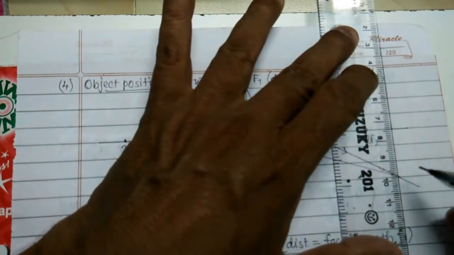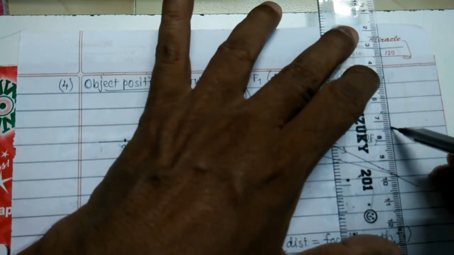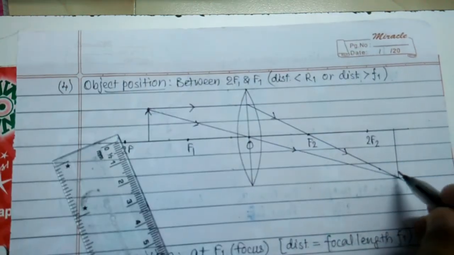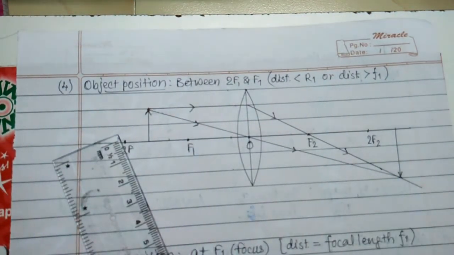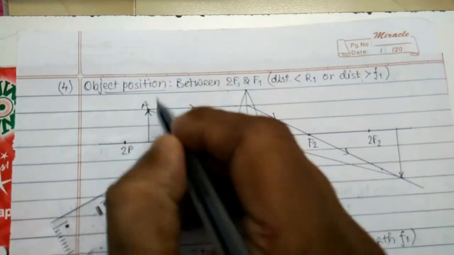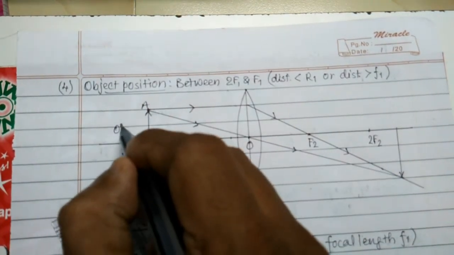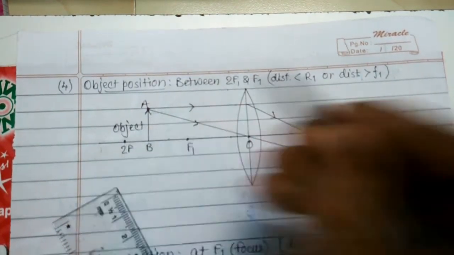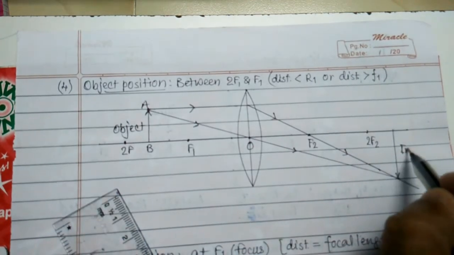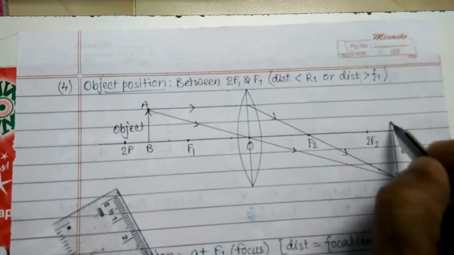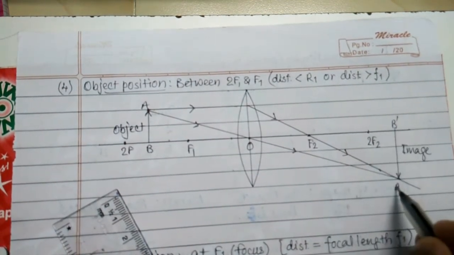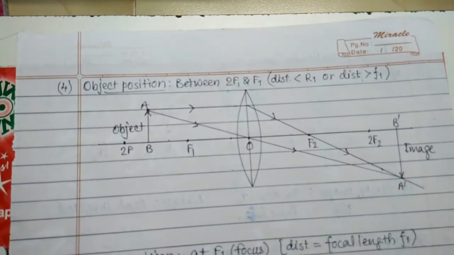So both the refracted rays meet here at the point of intersection. We got the image. So this is the object and this is the image, B dash A dash. It is an inverted image.